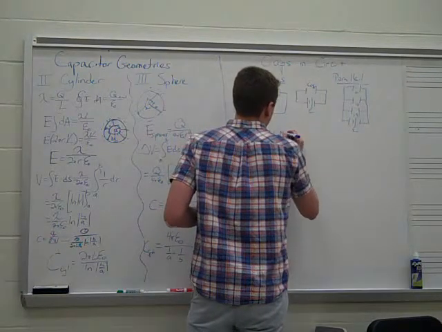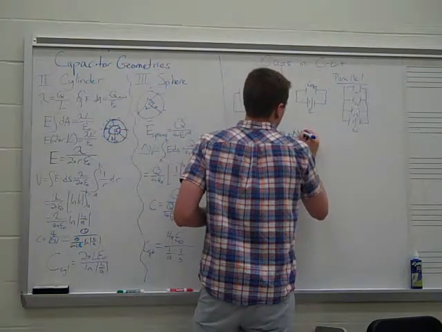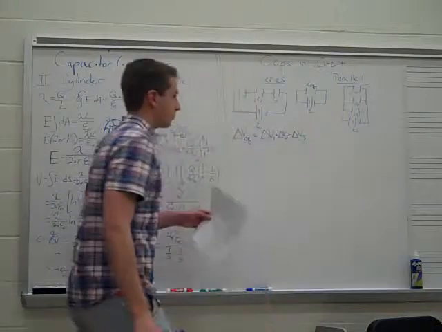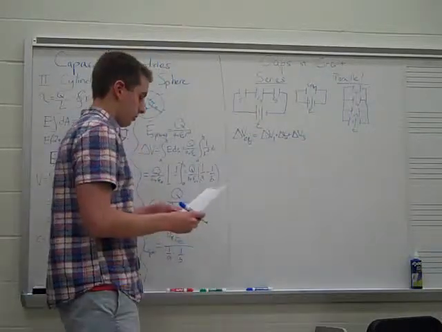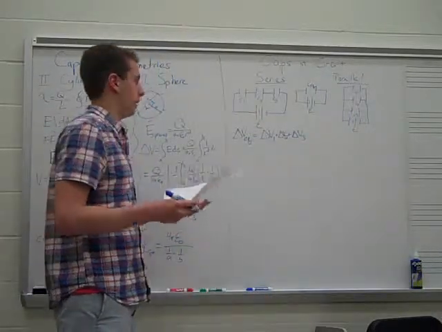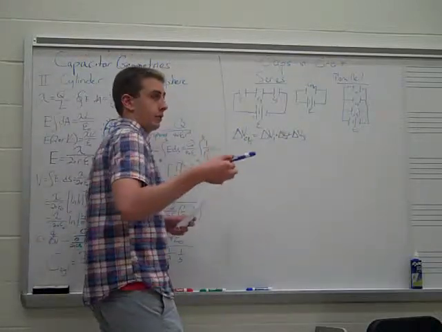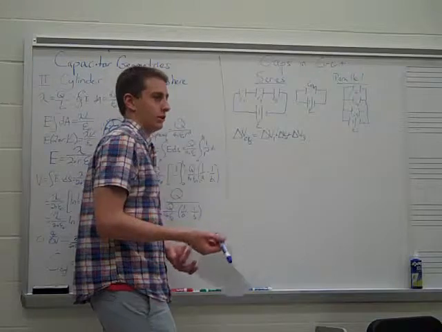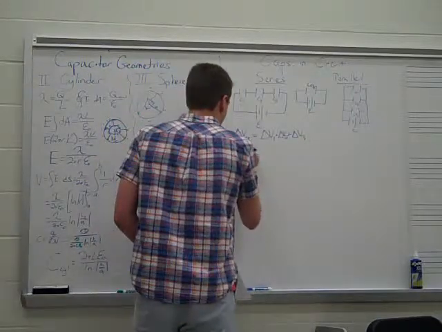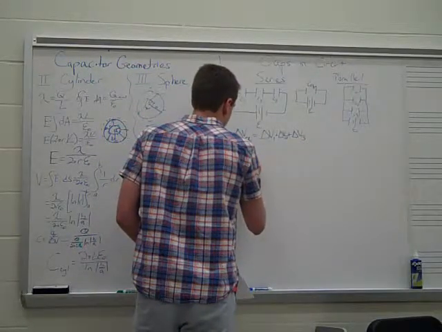we can make this statement here. And now we're just going to try to find the equivalent capacitance. So we're going to plug in an expression with C in it, which is just Q over C equivalent.